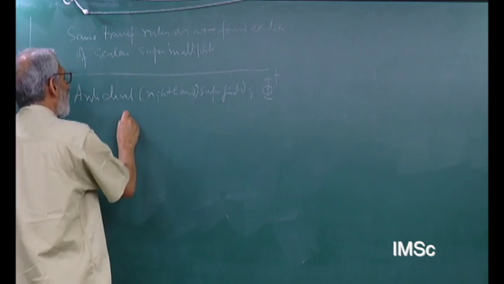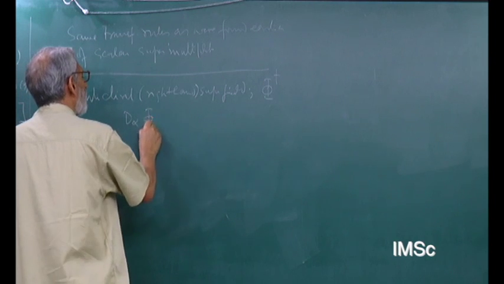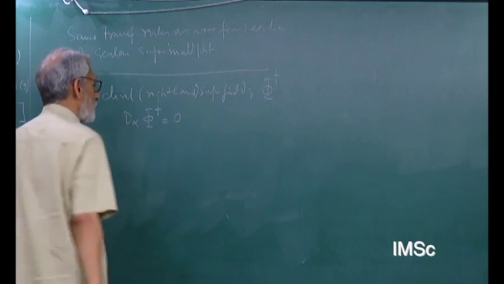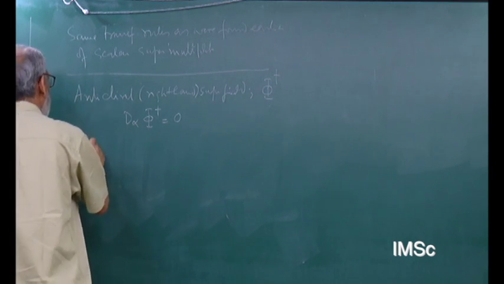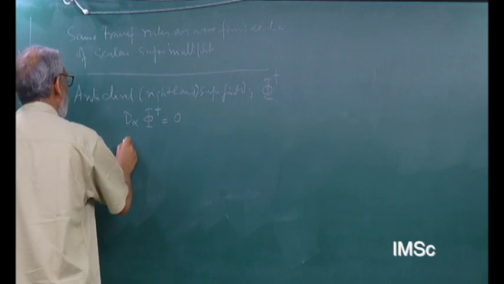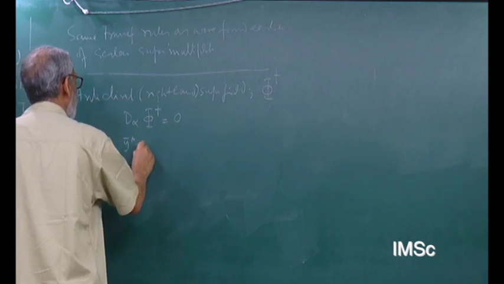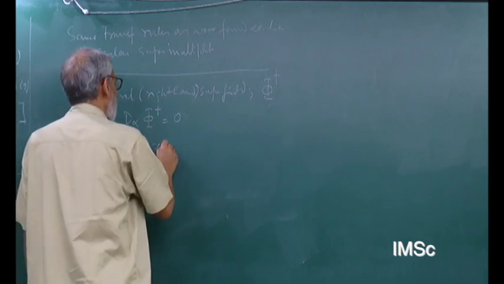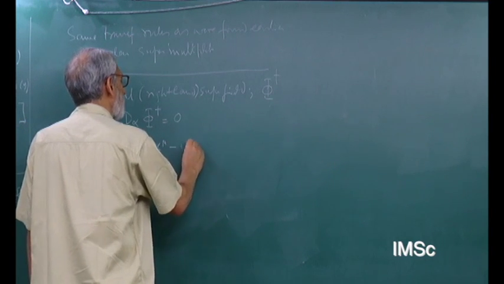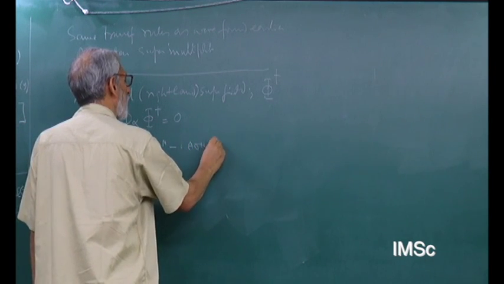Now phi dagger has the property that d alpha acting on phi dagger is 0. Notice, if I construct a new coordinate, call it y bar, which is x mu minus I theta sigma mu theta bar.